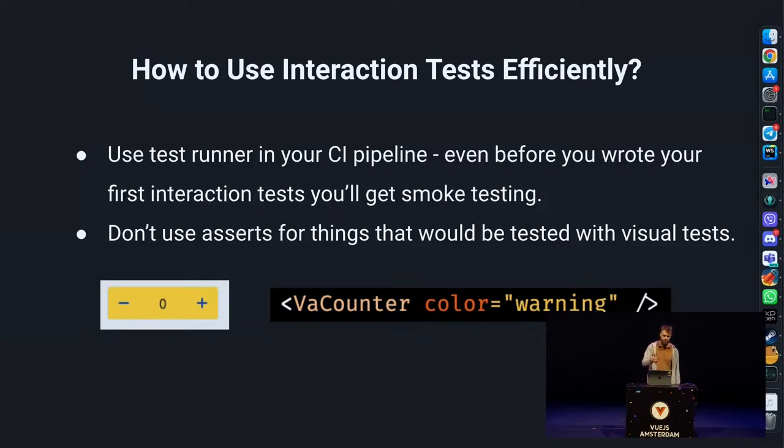So in this case, you can make an assert for warning color, that it was applied, but you can also just use a visual test and it says the same. And we have small hints: when you go into the Chromatic interface and look at the story, you have the story name, which tells you which prop is being tested, so it's often enough information for a developer to determine whether it's a false positive or an actual bug.